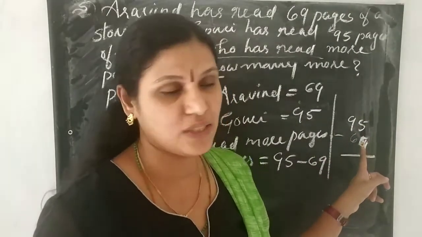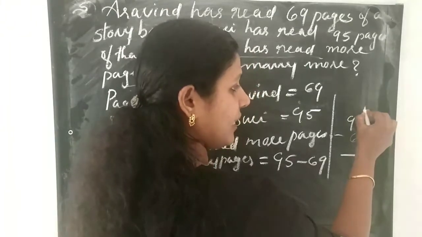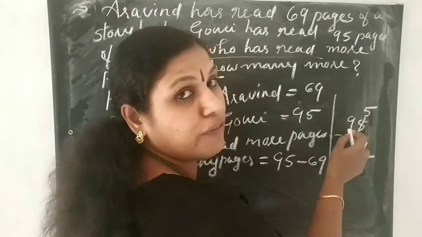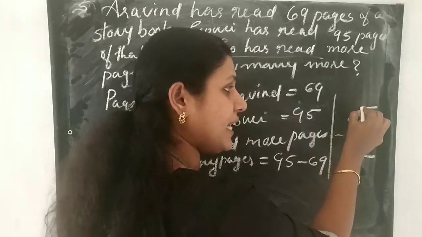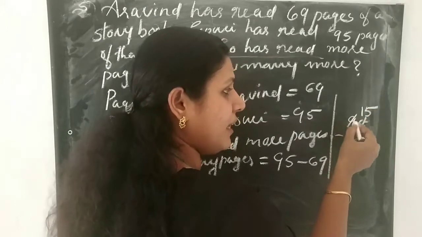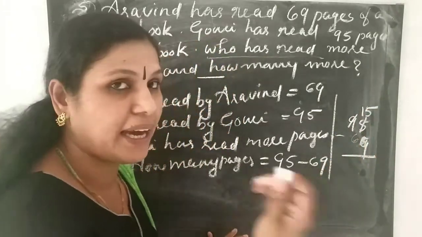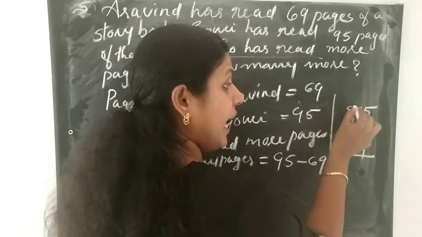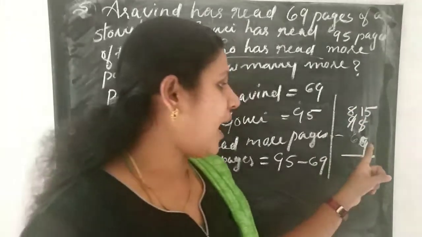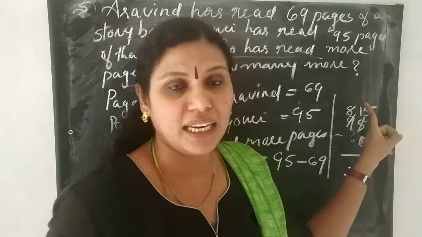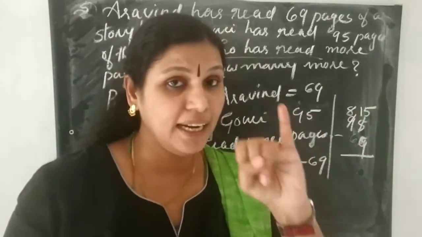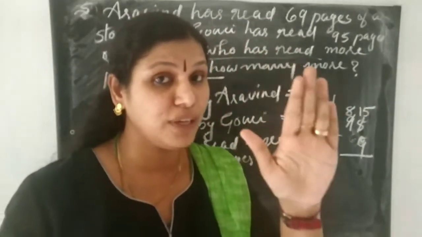We can't do that. So we cut and write on the top side, borrowing 1 from this 9. Now we get 15. Here, 9 minus 1 is what? That is 8. Now we count after 9 up to 15: after 9, 10, 11, 12, 13, 14, 15.